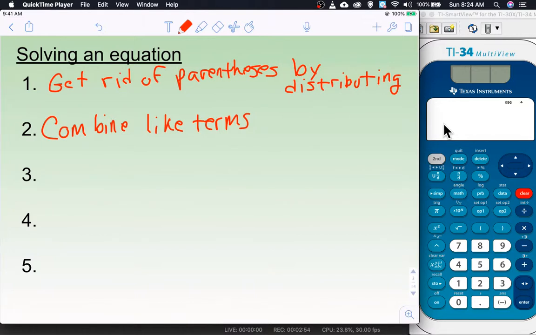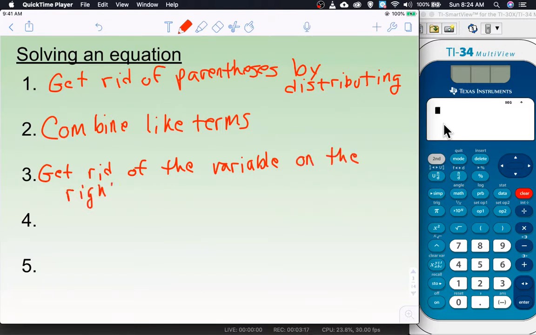Our new step 3 is what happens if we have the same variable on both sides of the equal sign. We are going to get rid of the variable on the right. Now, I will preface by saying there is no rule that says it has to be on the right.